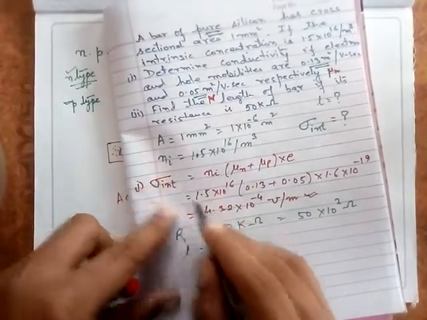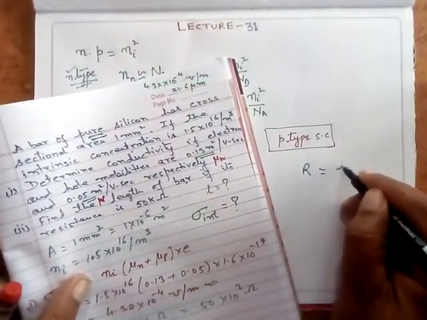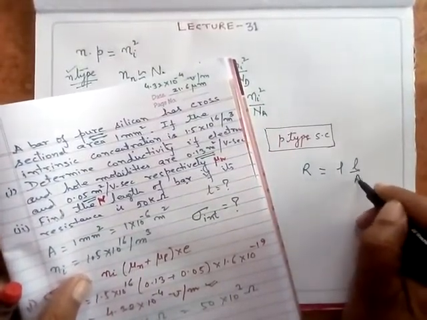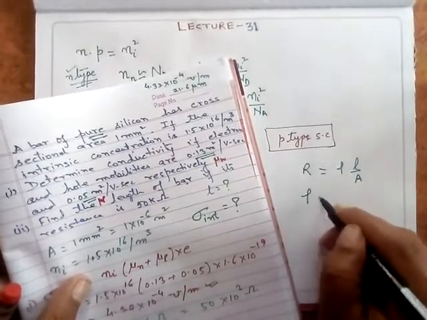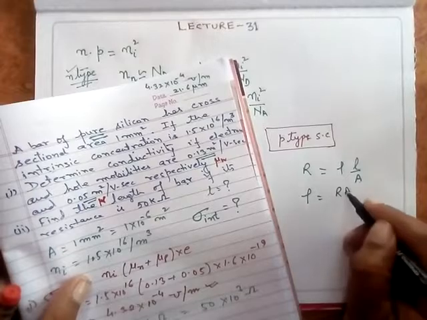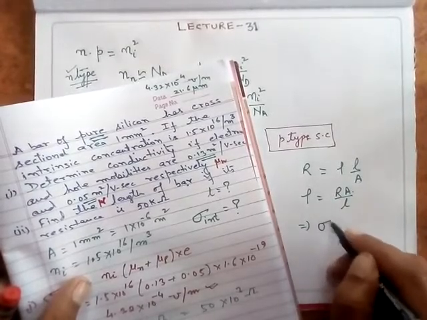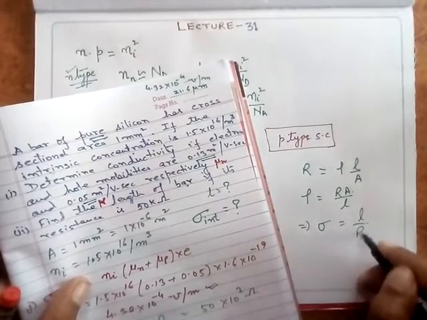Now conductivity I have found. If you remember, resistance R is given by rho L upon A. So rho is equal to RA upon L, or conductivity is L upon RA.